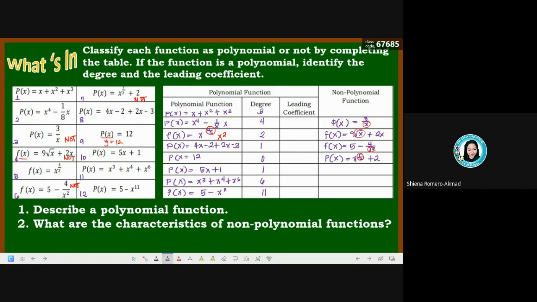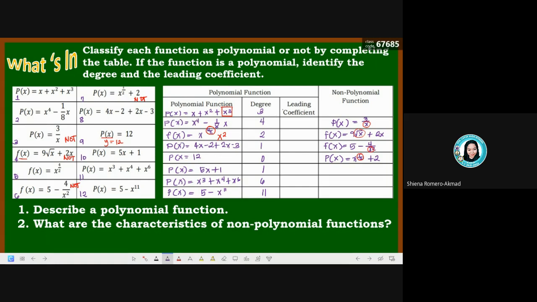So, how about the leading coefficient? When we say leading coefficient, it is the coefficient of the term with the highest exponent. So, let's say dito, I have here 3 as a degree. So, yung term na may 3 na exponent, yung pinakamataas na exponent, is this term. So, ano yung coefficient niyan? So, yung numerical coefficient niyan is 1.